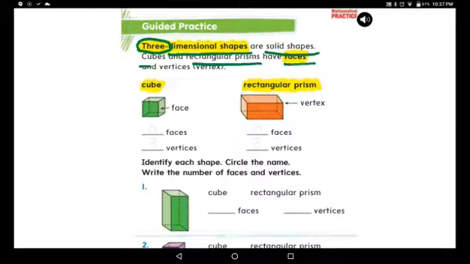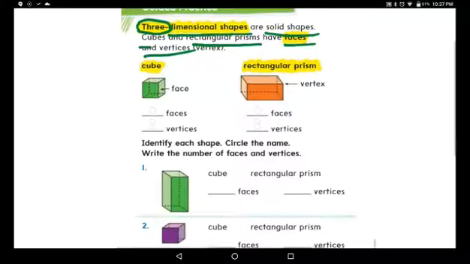They have faces and vertices. Now, I have here a cube, as we said, like a dice. And we have here a rectangular prism, as we said, like a tissue box. Now, look at the cube. This is a face.